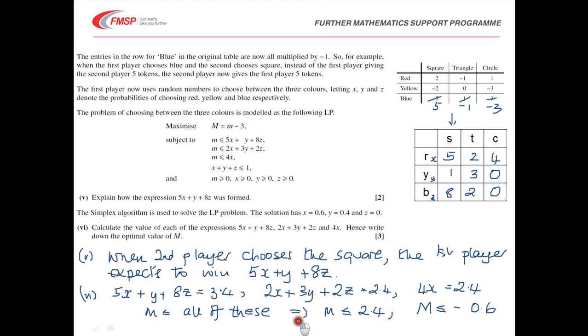And we want the maximum. And on the basis that we need to maximize, then that means that M will be equal to negative 0.6, because that's the largest value that it can be. So you had 3 marks for that particular part, 2 marks for substituting correctly into each of the constraints to get 3.4, 2.4 and 2.4, and then 1 mark for writing down the value of m, negative 0.6.